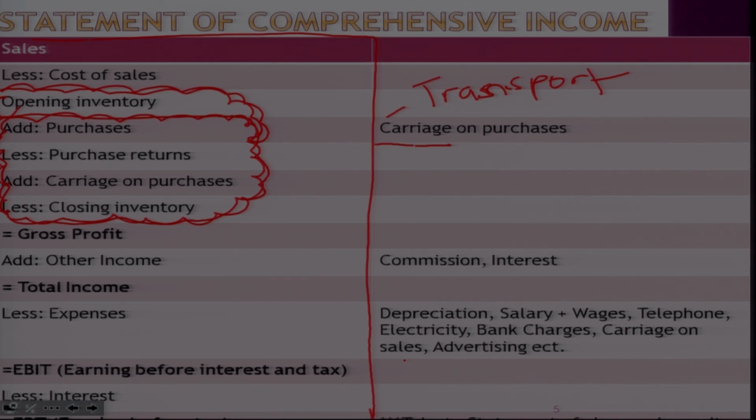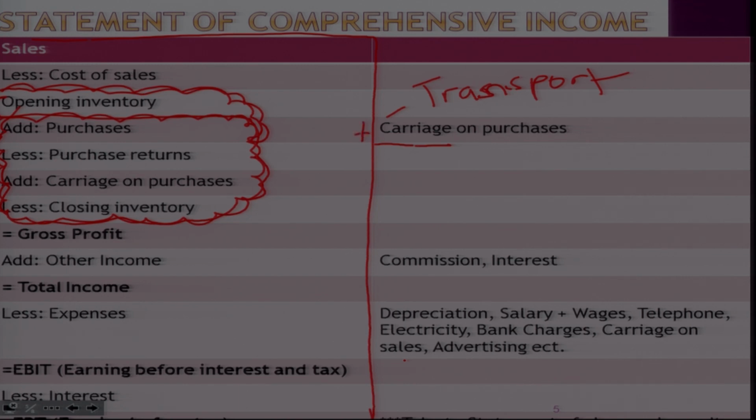You're living in the Vaal, but you are buying it from someone that's in Pretoria. For you to get it from Pretoria to here, who is responsible for it? You are. The buyer is, not the seller. So meaning your carriage on purchases makes your purchase price more.